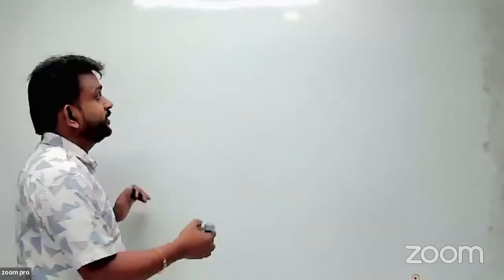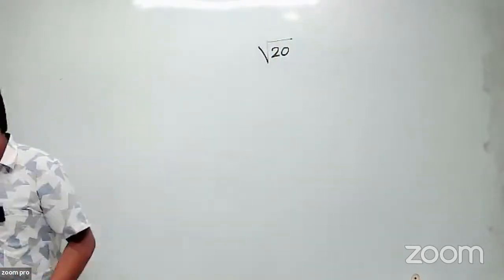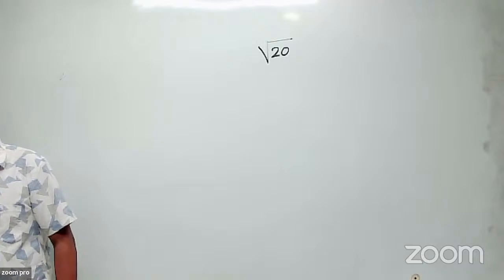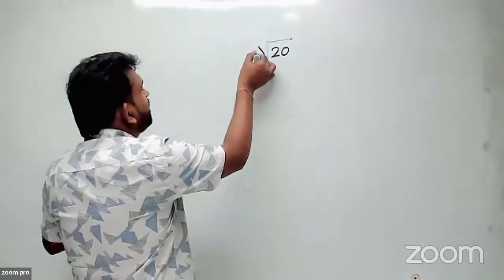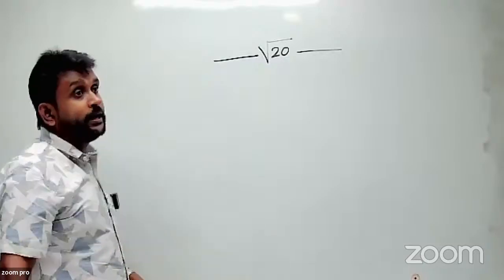See there, what are the two perfect squares the value of root 20 is in? What is the lower perfect square?